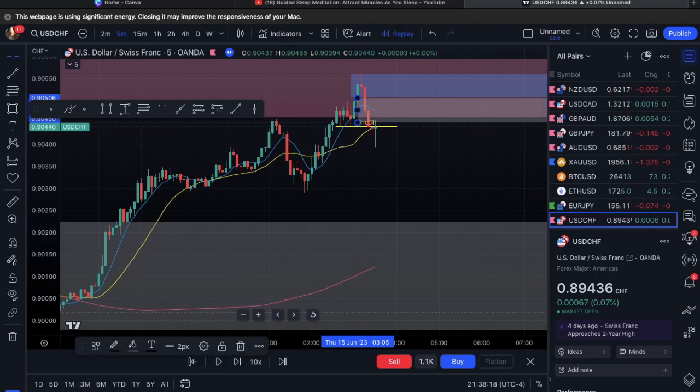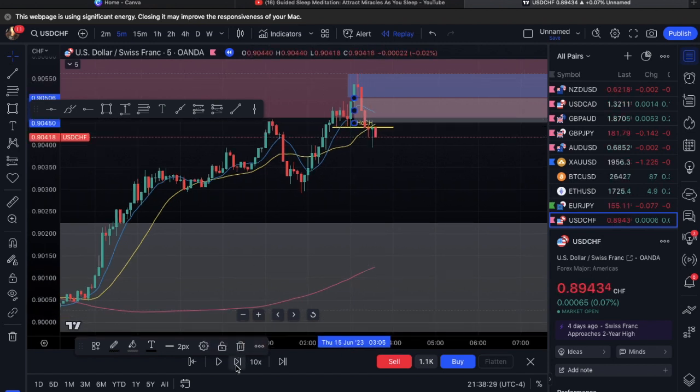So here I want to see it. I just want to see a reversal pattern either in the gap area once it fills the gap or in the order block area.